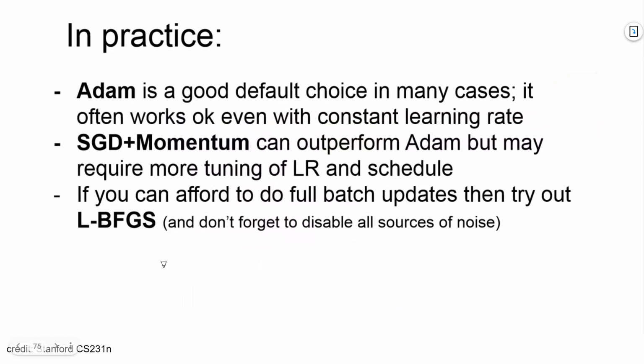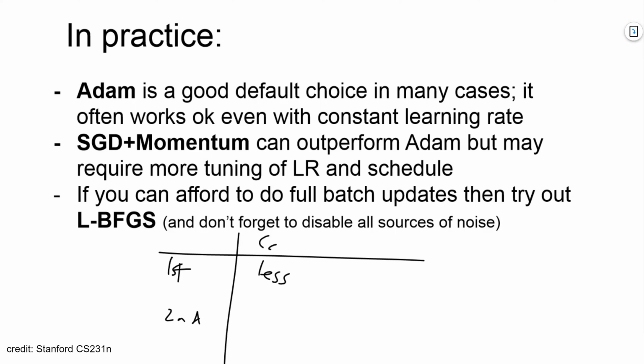So let's summarize the first order and second order optimizations. First order optimizations take less time to calculate each step, while second order optimizations take more time to calculate.